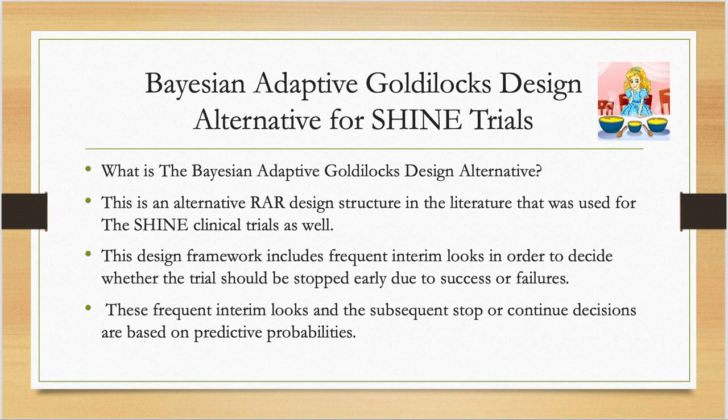And in the literature, it showed that this design framework includes frequent interim looks in order to decide whether the trial should be stopped early due to successes or failures. And those frequent interim looks and subsequent stop or continue decisions are based on the predictive probabilities.